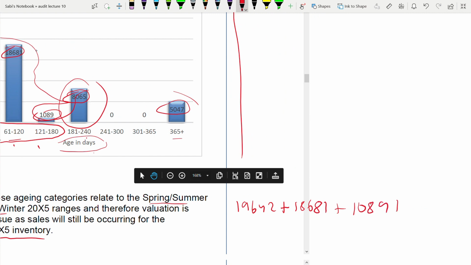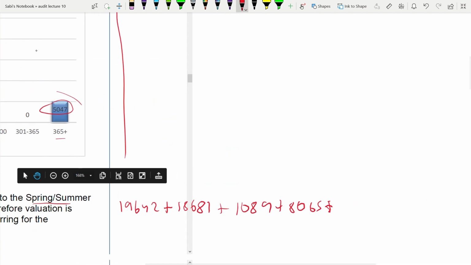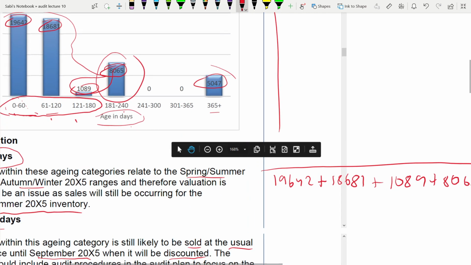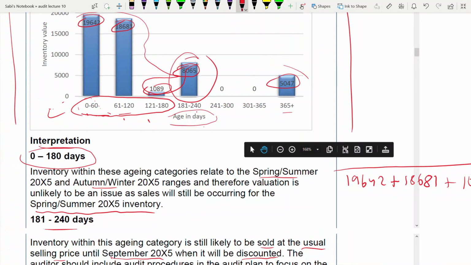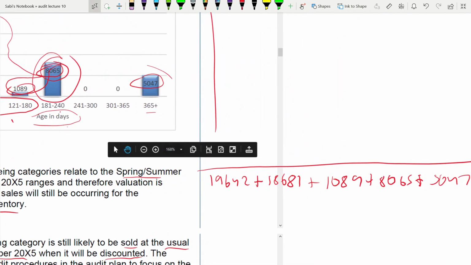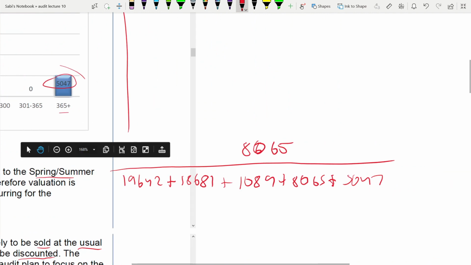1089 plus 8065 plus 5047, whatever the total you're getting. Then you have to find this one, 8065, 181 days to 240 days, we are in that category. So 8065, we want to see the portion of this over the total value.